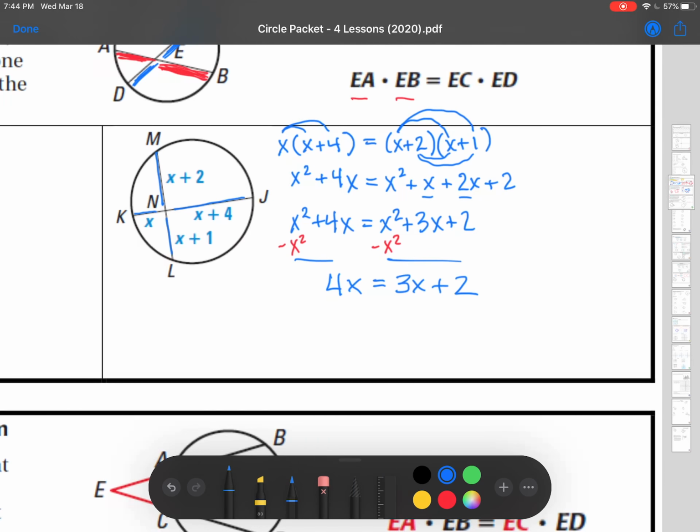Subtract 3x from both sides. What would that leave me? 1x over here. So x would equal 2. That wasn't too bad. I always like to go back and check. If I plug a 2 in right here and a 2 in right here, I've got 2 times 6. If I plug in a 2 in right here and a 2 in right here, I've got 4 times 3, and that checks out. So 12 equals 12, beautiful.